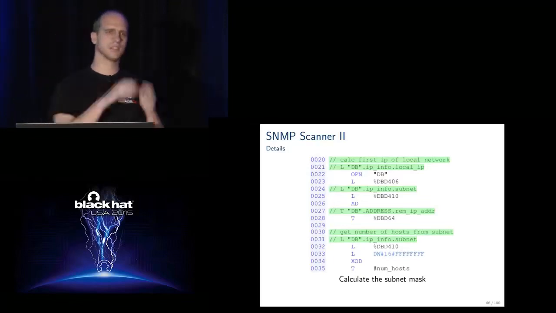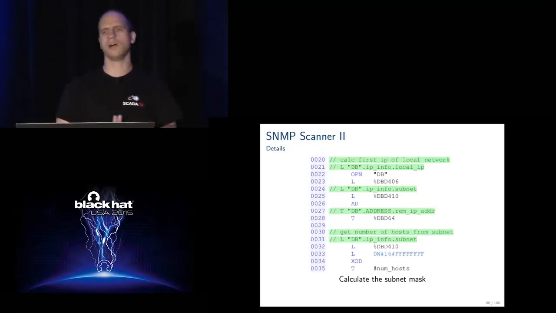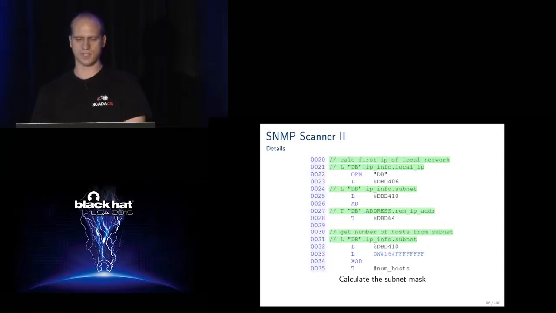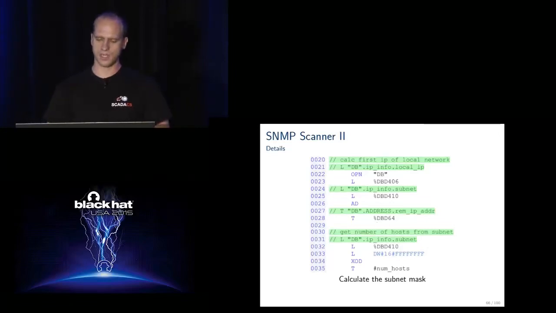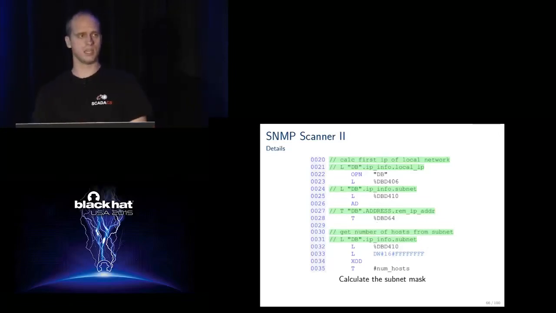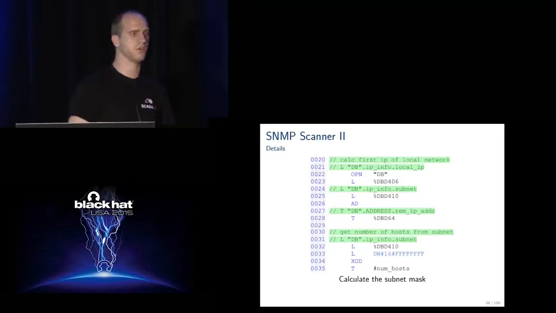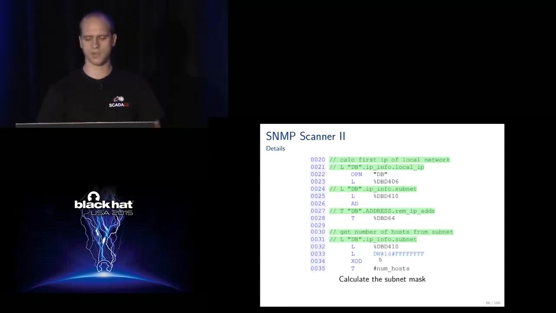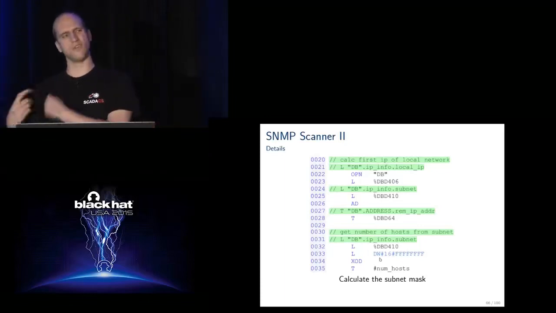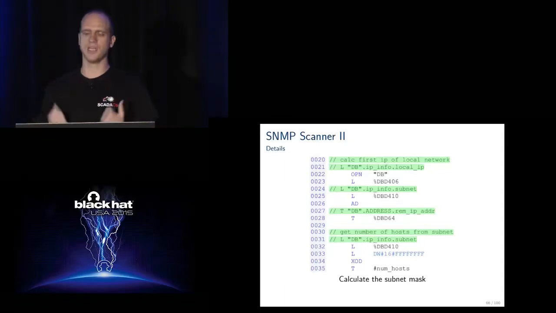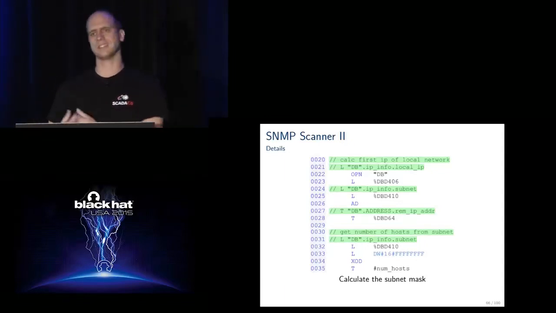This gives us the first IP address of the local subnet range. And then we store this value here. In the next step, we load the subnet mask and do a bitwise XOR operation with it. It's like inverting the subnet mask, which gives us the number of hosts inside the subnet.